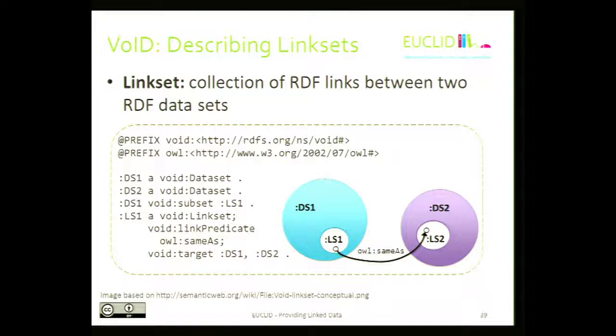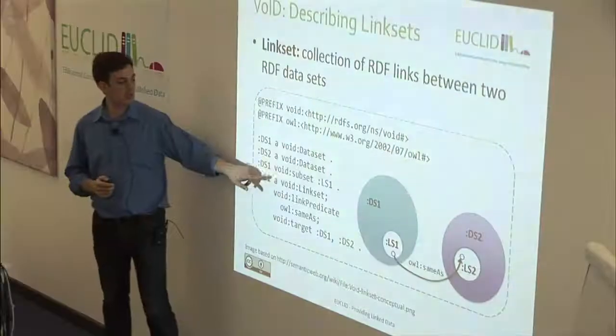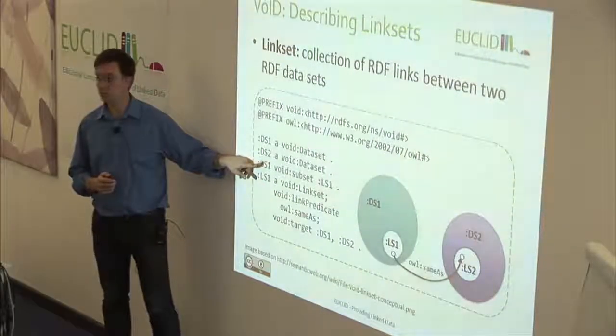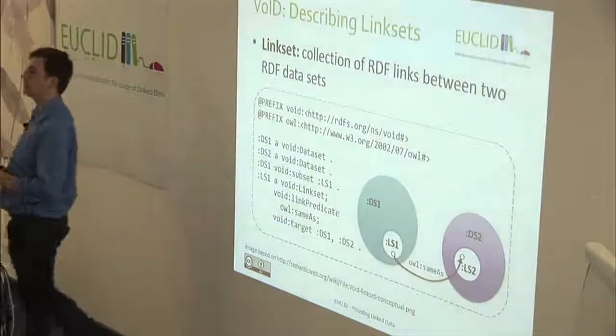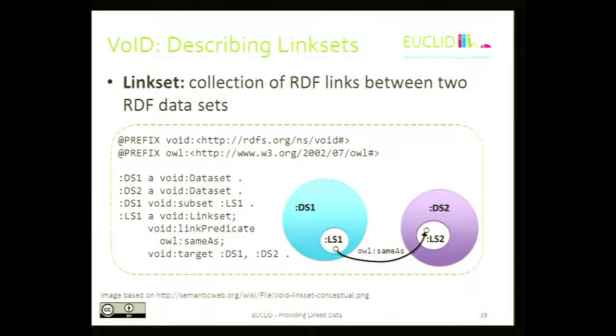Okay? So that link set, link predicate, which predicate it uses to make the alignments, to make the pairings, is owl:sameAs. Okay? And because all we've said is that LS1 is a subset of DS1, we also need to say that its target includes DS2, so we know what it's mapping onto using our sameAs pairings.